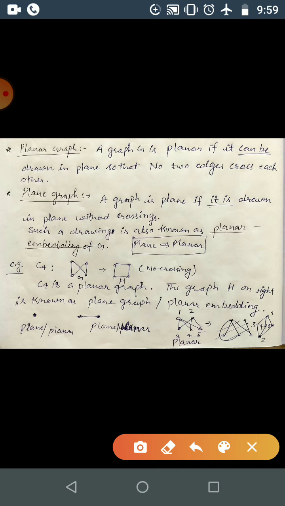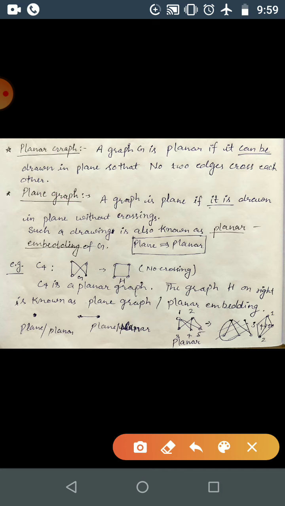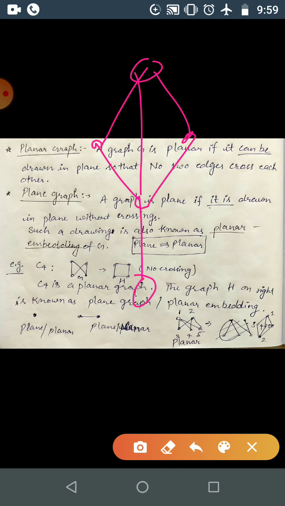You have dart. Before dart you have some kite. So kite is planar or not? Yes, this is planar. Some dart. This is planar or not? Yes, this is planar because it has no edge crossing. Okay.